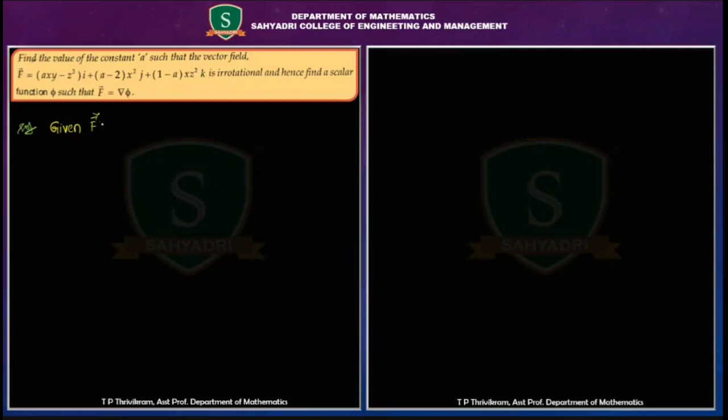Given F vector is equal to (AXY minus Z cube) into I plus (A minus 2) into X square J plus (1 minus A) into XZ square K.